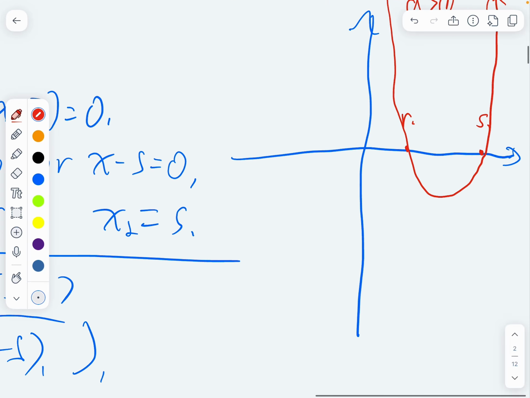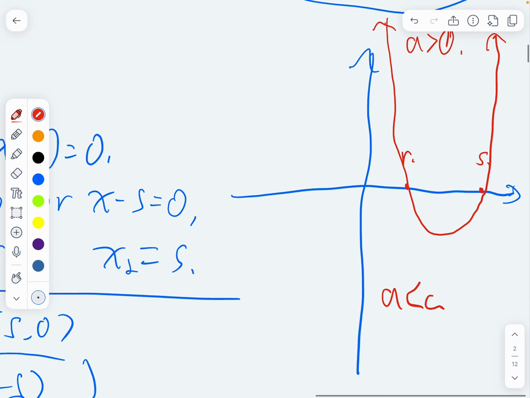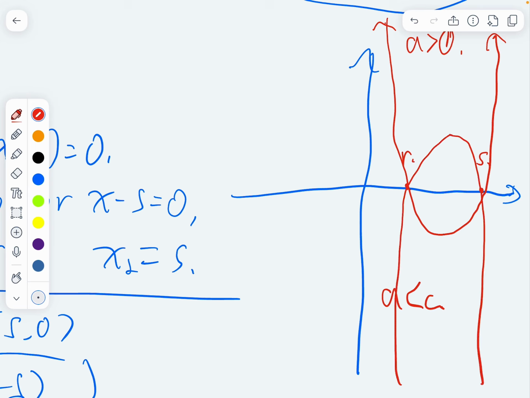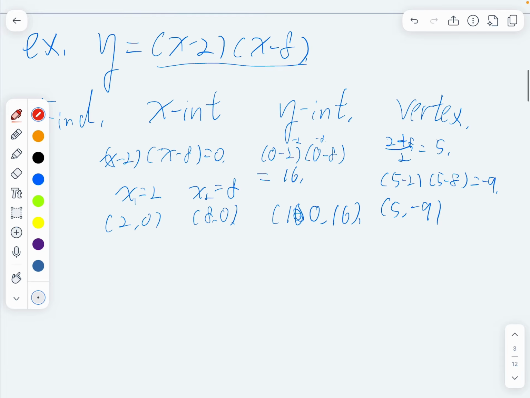If a is less than 0, it's going to be like this. So let's do a problem.